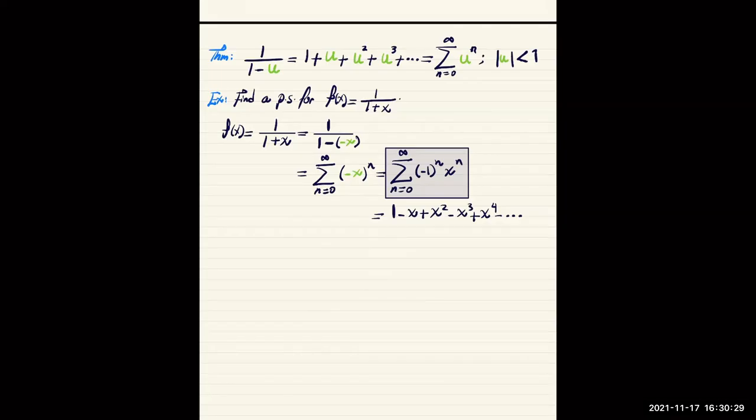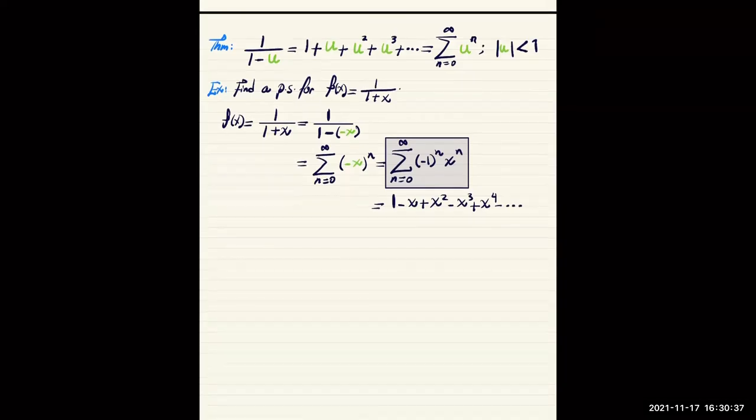All right, and if you want to find the interval of convergence, we usually do that with power series. When you find a power series, you also want to indicate the interval of convergence. And again, all you have to do is replace u with negative x.